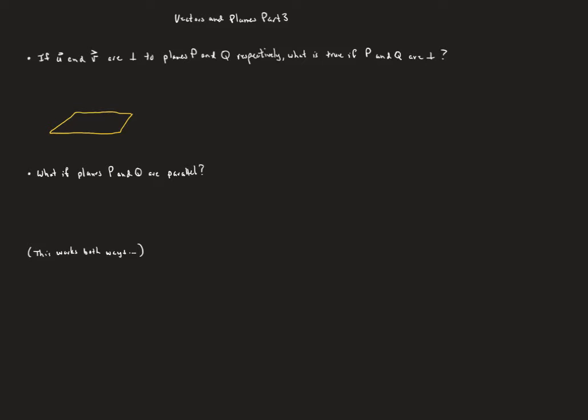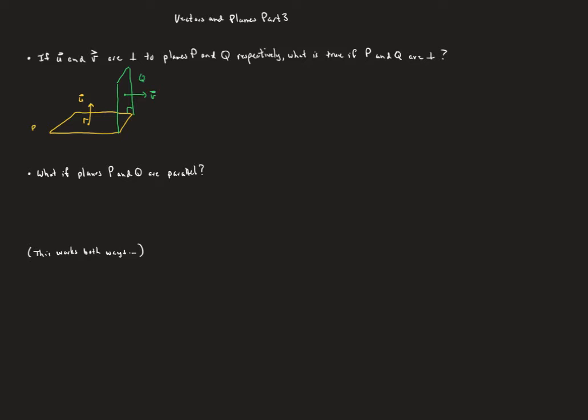Here is our plane p, and it has vector u coming out of it that is perpendicular to it. And then here is, if you can visualize, plane q, and I'm trying to make q look like it's perpendicular to plane p, and q has a vector v that is perpendicular to it.